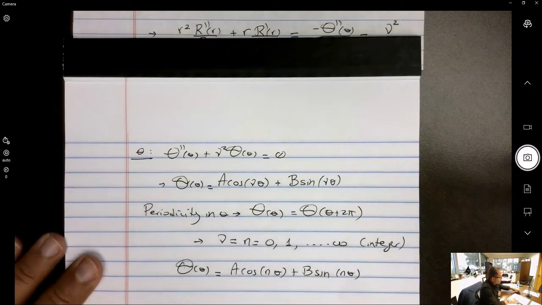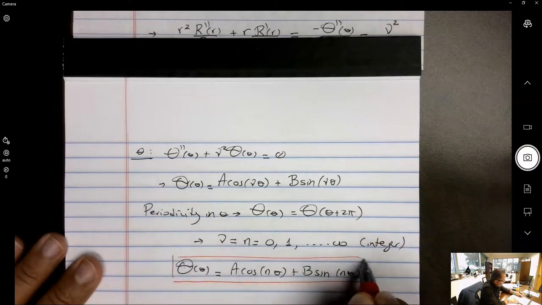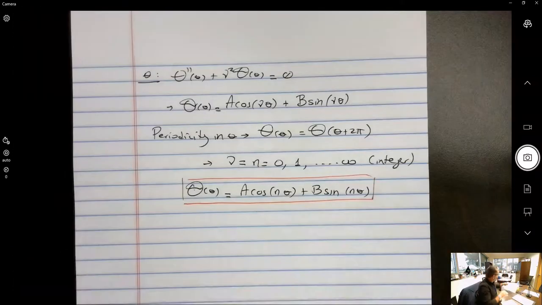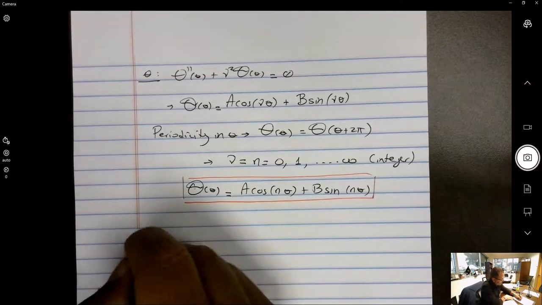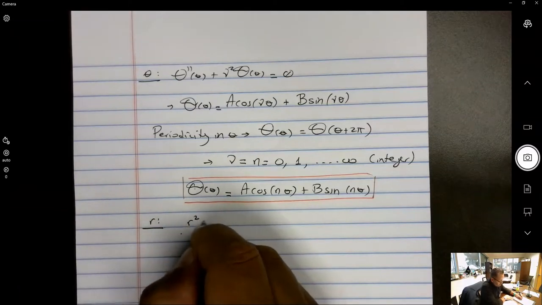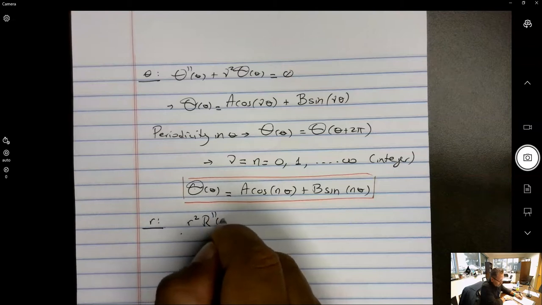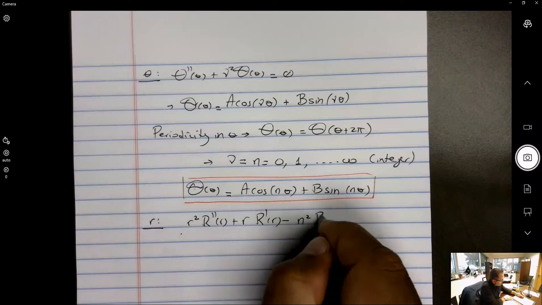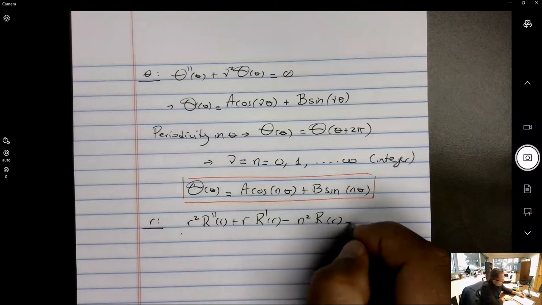Nothing changes in the exterior problem. The solution in theta maintains the same behavior. In the r direction, let's see what happens. We have r squared R double prime of r plus r R prime of r minus n squared R of r should be equal to 0.